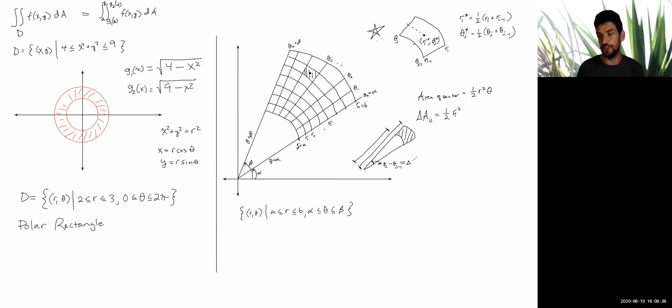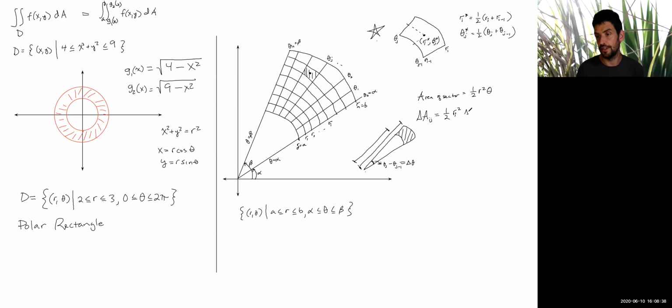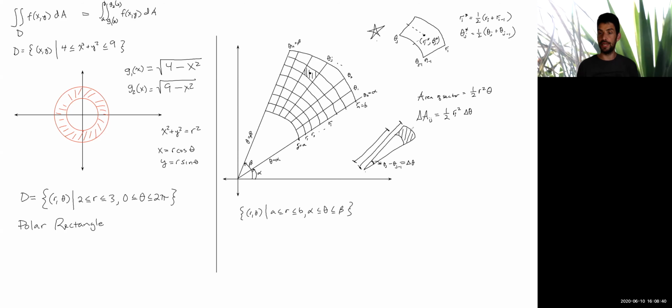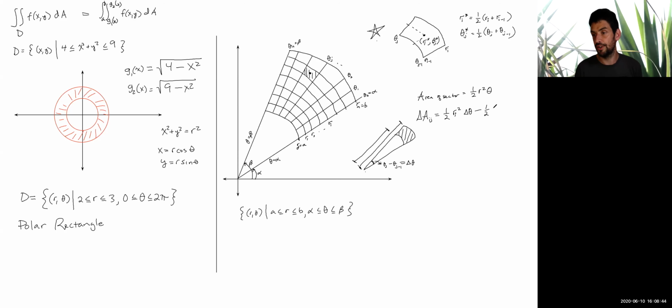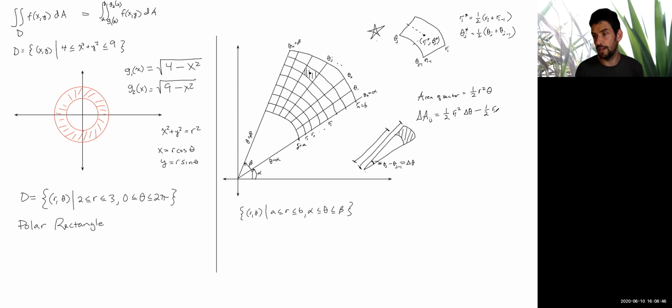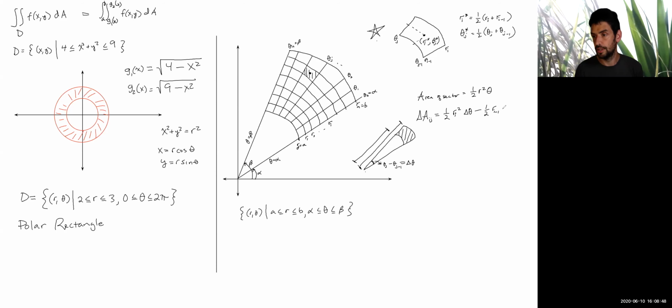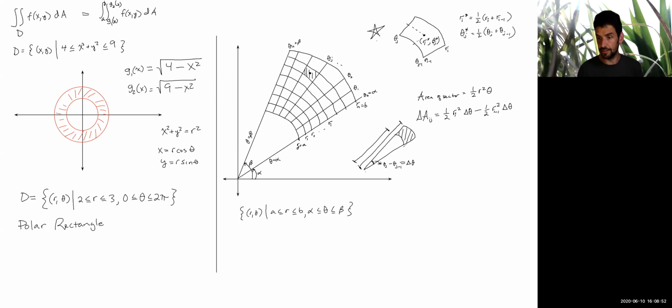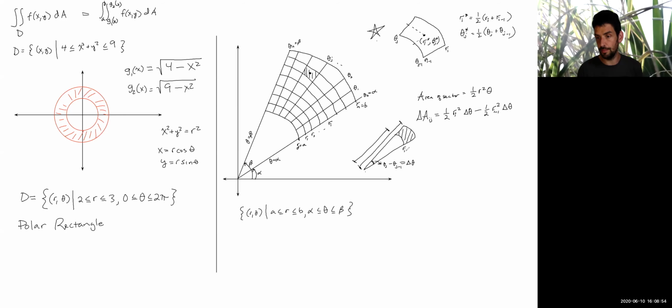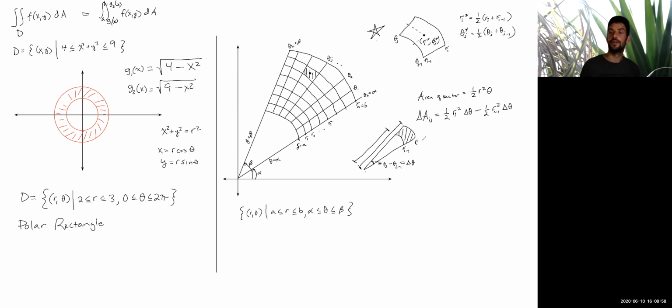Let's just call this delta theta. That's the area of the big sector here. Then I minus 1/2 r_{i-1} squared delta theta. Oh, and this thing is, of course, squared, right? Because this is our radius r_{i-1}. This is the radius r_i.